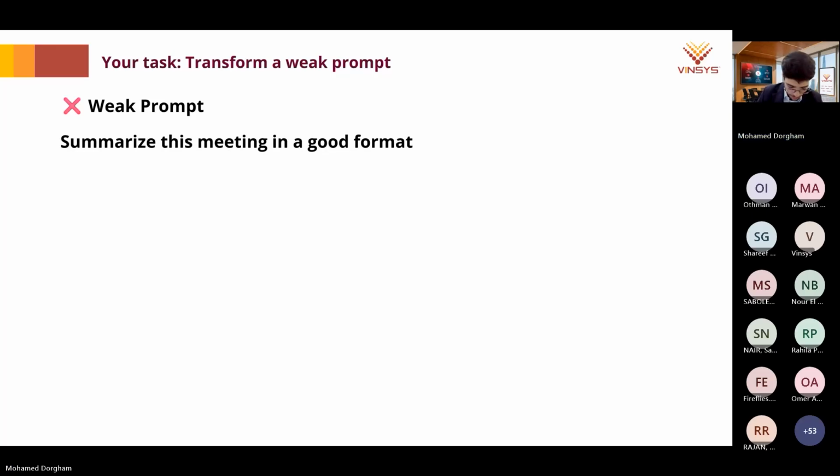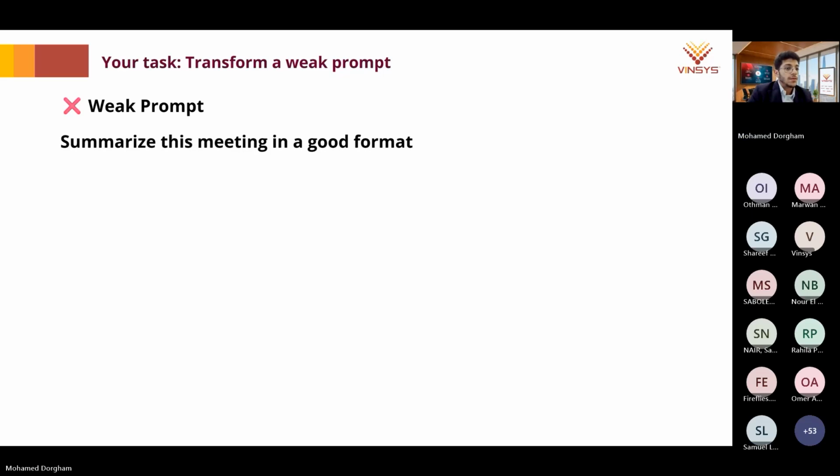Okay, from my own point of view, they summarize this in a good format. Number one, good format: should it be a formal report or just action items? It's not really explanatory. Then also, summarizing this meeting, what's the meeting about? Is it for the decisions taken, the deadlines?